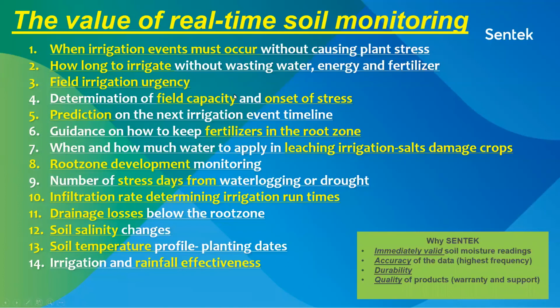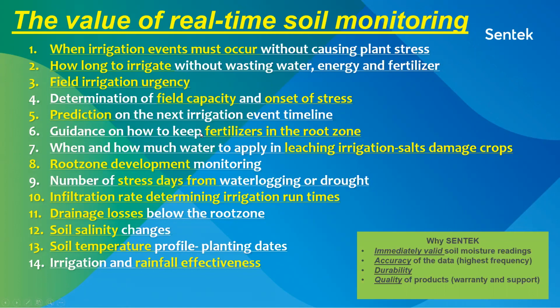That's a very subjective parameter to be looked into given field practices, tillage practices, organic matter, and so forth. And also, what is the onset of stress? Our software now has a machine learning feature which allows for the prediction of the next irrigation event, and how to keep the fertilizers in the root zone.